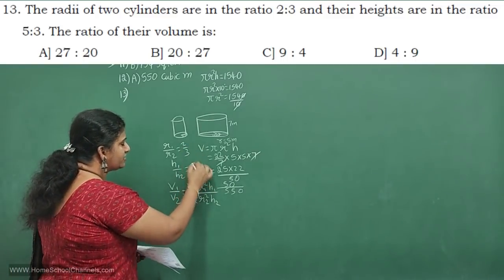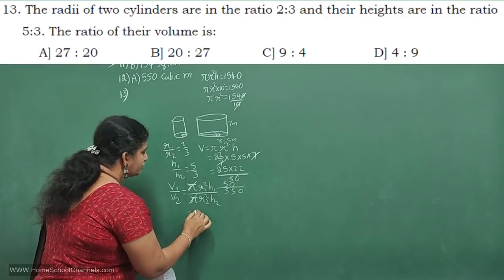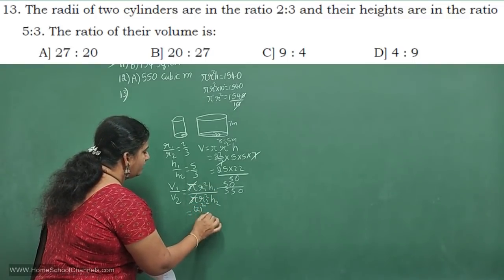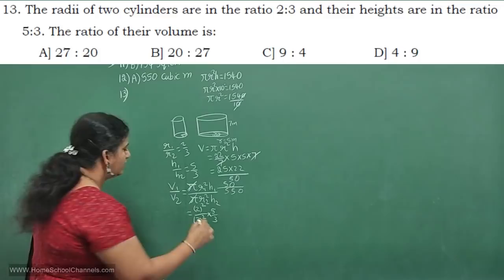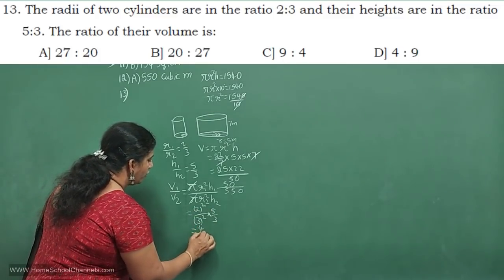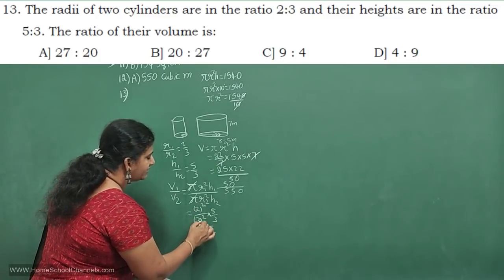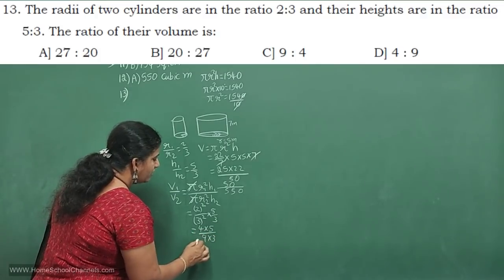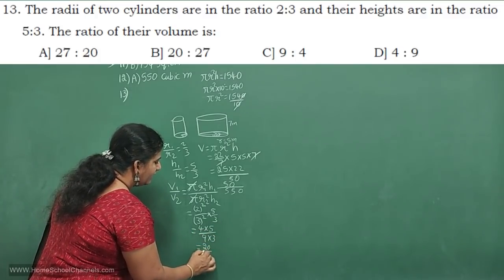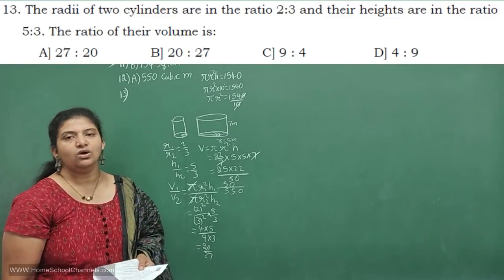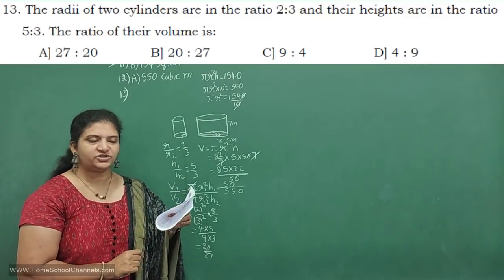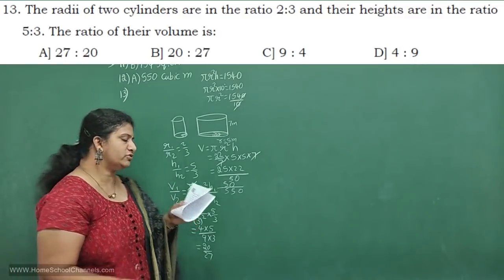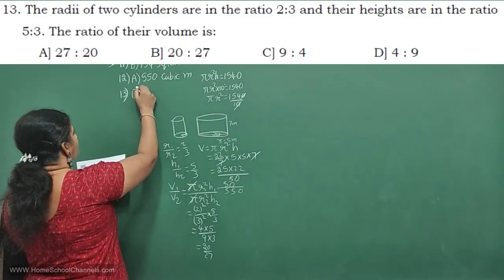And here R1 to R2 value is 2:3. 2 whole square by 3 whole square into H1 by H2 value, which is 5 by 3. Okay. 2 2s are 4 into 5, by 3 3s are 9 into 3. 4 5s are 20. 9 3s are 27. What is the ratio of its volume? 20:27. Let's check which option it is. Option B, 20:27.